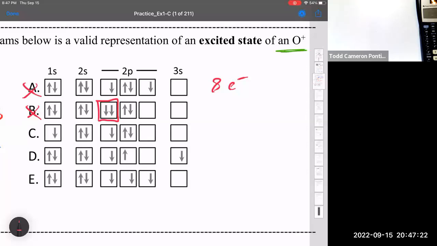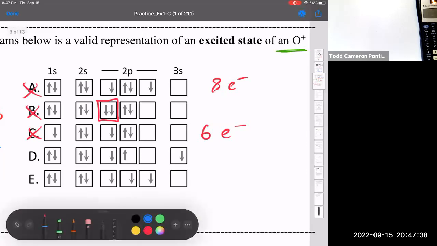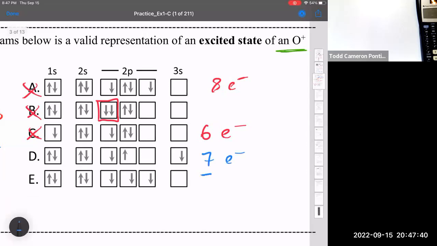Then between C, D, and E, C has 6 electrons. That's not right. And then between D and E, we've got 7 and 7. These both have 7 electrons.